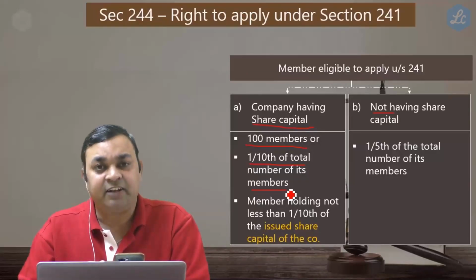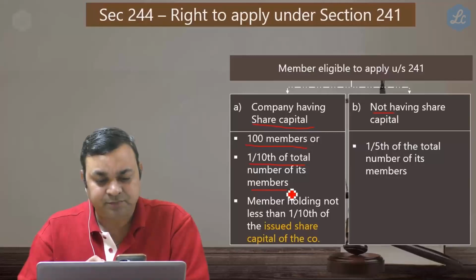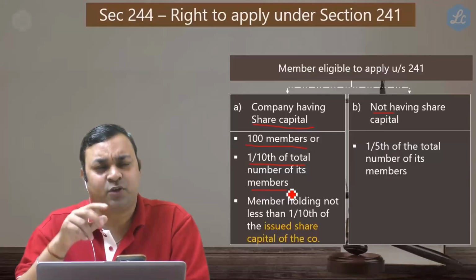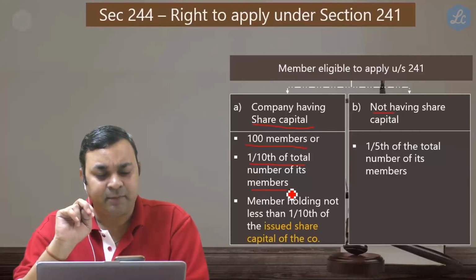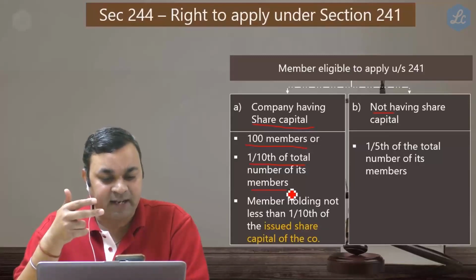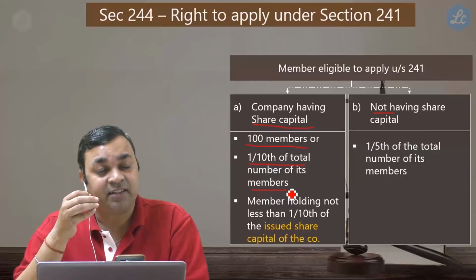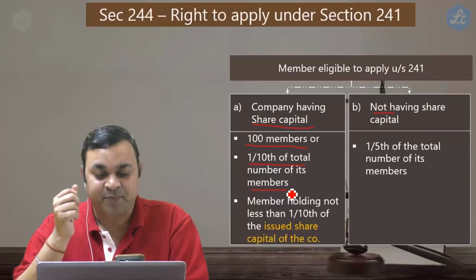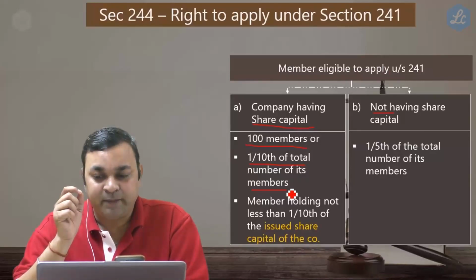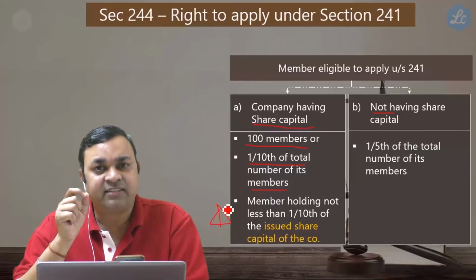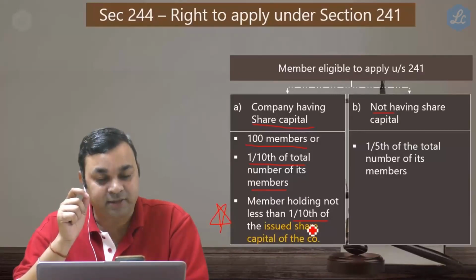Third point, and it is with respect to the capital part. The first 2 points talk about the member part, like members who are eligible to make an application. The third part talks about the share capital part, and this is the most important part. What they have mentioned is, members holding not less than 1/10 of the issued share capital of the company.